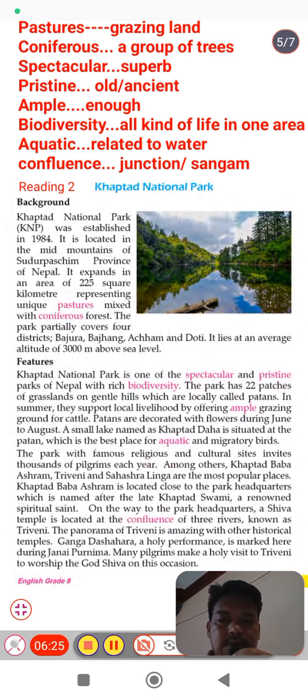Every year, thousands of pilgrims come to visit these famous religious and cultural sites. Among others, Khaptad Baba Ashram, Triveni, and Sarsa Linga are the most popular places. So, besides these, there are other popular places also.